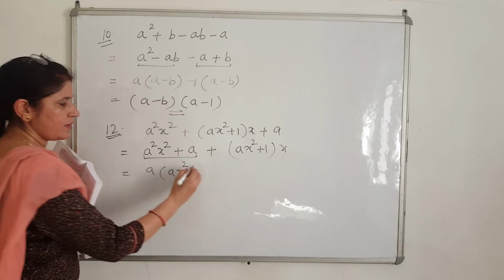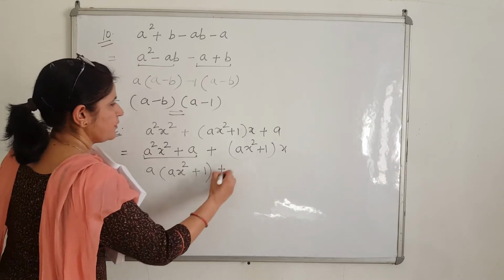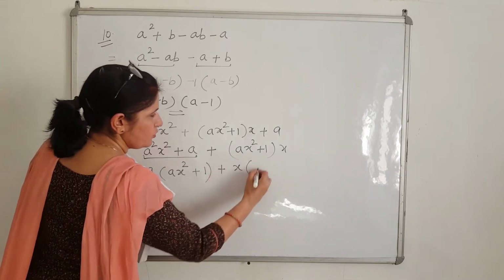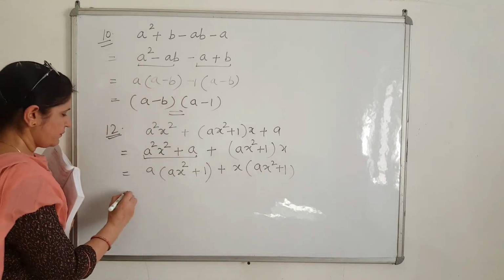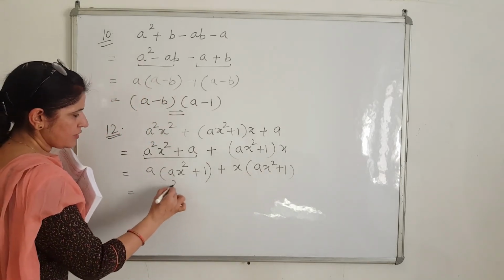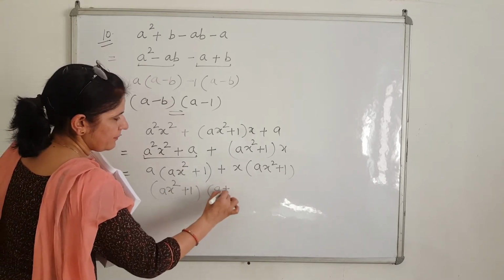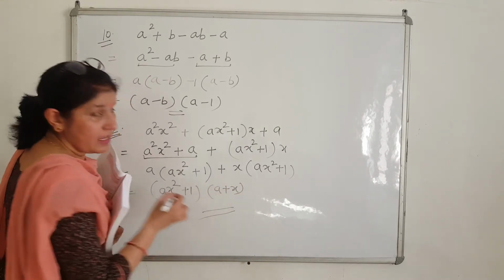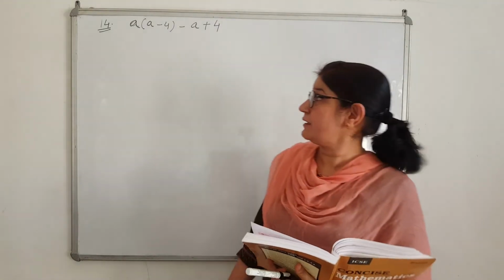From here a is common, so we divide by this, then 1 + x. Then (ax² + 1)... What is further common now? ax² + 1. The second factor is a + x. This is the answer.